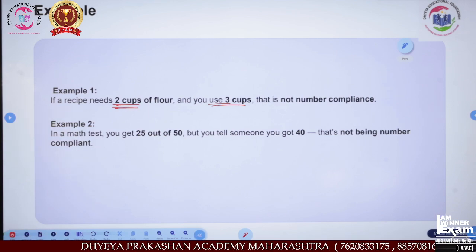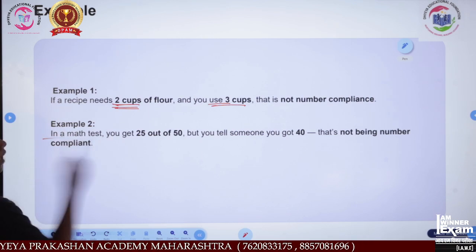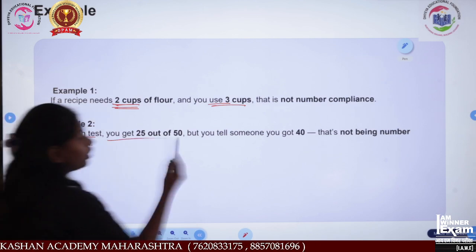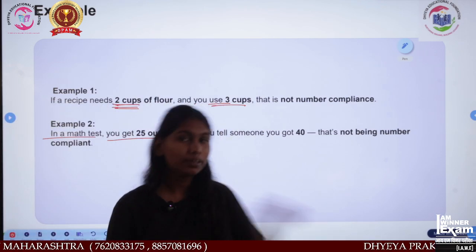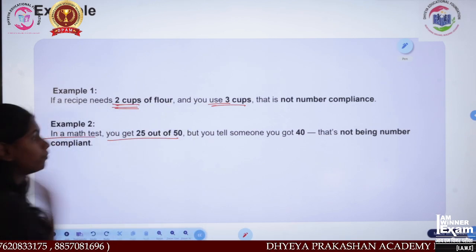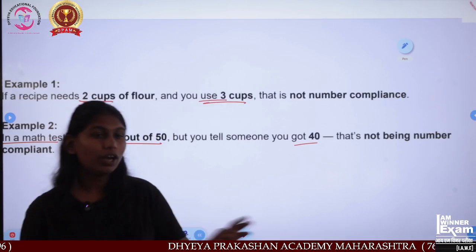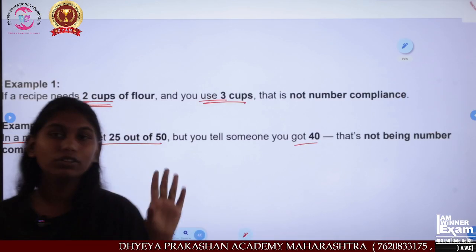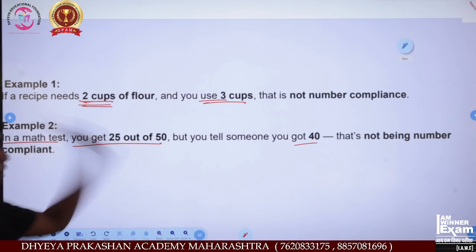Then this is the second example. Suppose there is a maths test. In the maths test, you got 25 marks out of 50 marks. But you tell someone you got 40. You are lying to someone that you got 40 instead of telling them your real marks, that is 25.